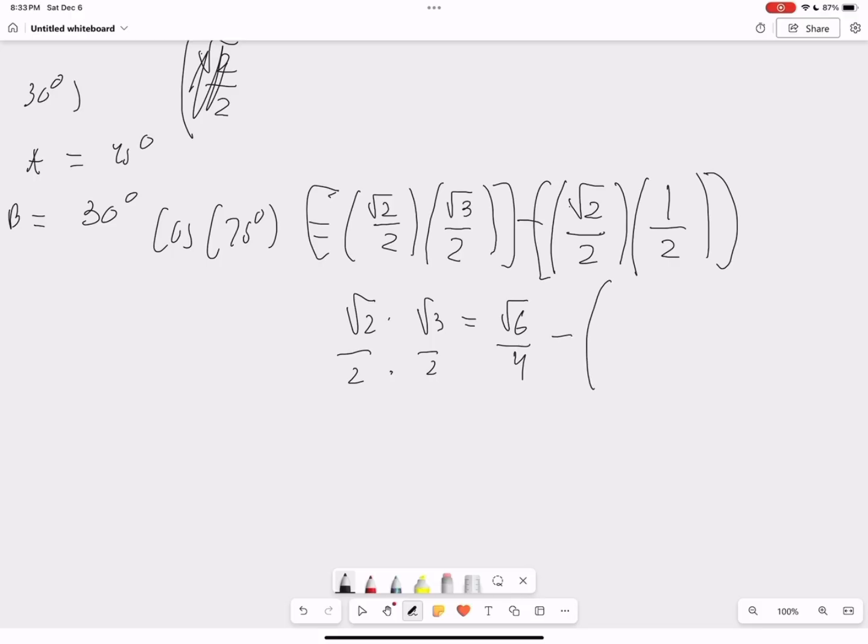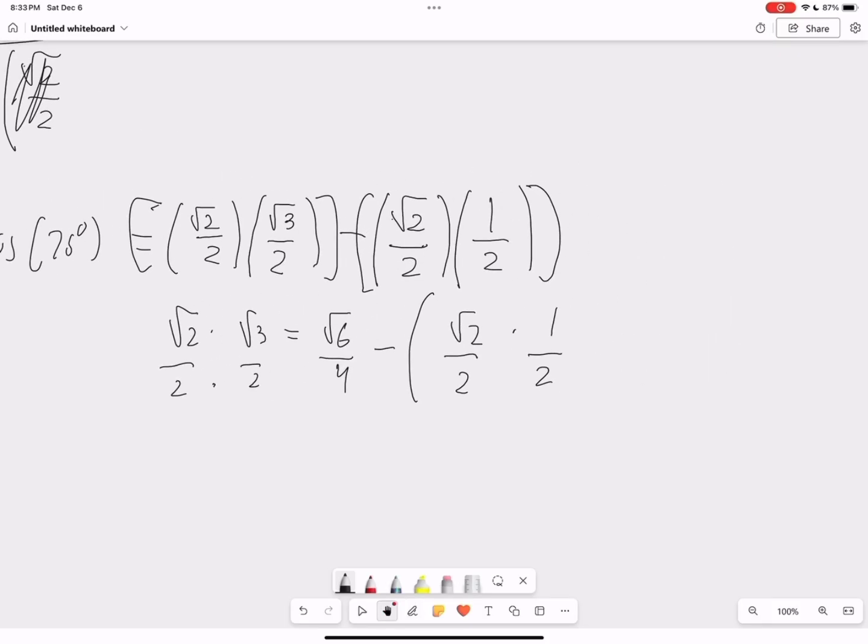Minus. Now let's do the product on the other side. It's the square root of 2 times 1 all over 2. When you multiply fractions, we multiply the top times the top and the bottom times the bottom. So here we get the square root of 2, because there's an invisible 1 here. So it's going to be the square root of 2 over 2 times 2, which is 4.